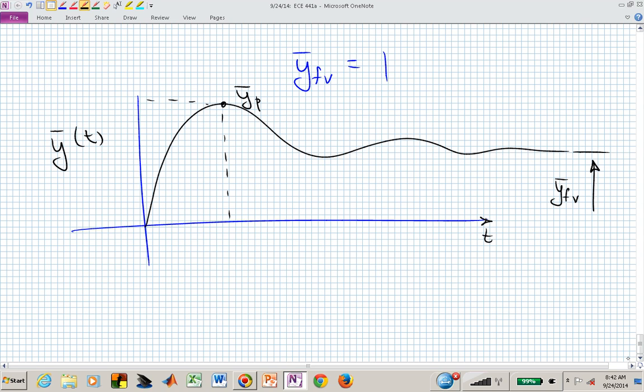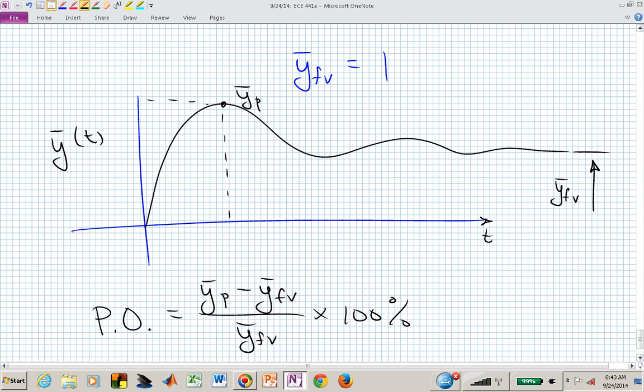In terms of those pieces of information, how do I find my percent overshoot? It's the peak value minus the final value over the final value, isn't it? That's the percent that I overshoot my final value. Well, to make it a percent, I need to scale it by 100%.